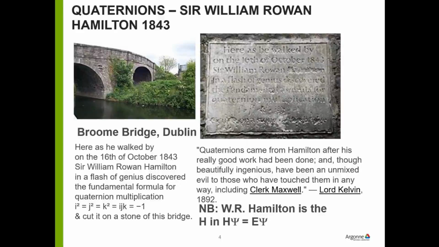And there's sort of mixed reviews about these things, because here is a comment about them by Lord Kelvin at the time, who said he's done really good work, but these things are really kind of odd, basically. And by the way, this Hamilton is the same Hamilton as we know from that equation, the Hamiltonian. That is that Hamilton. Right, John. Okay.